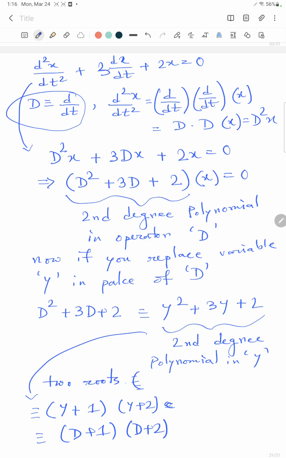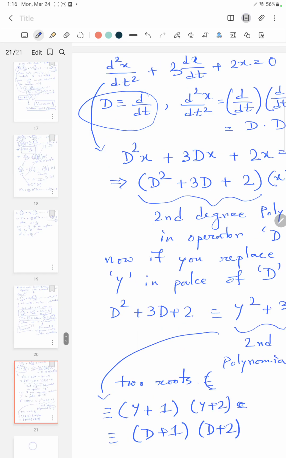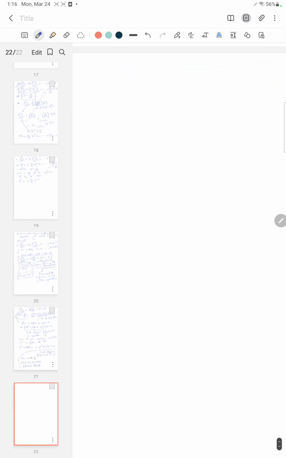So essentially, you started with a differential equation like this, and you ended up with this type of form.